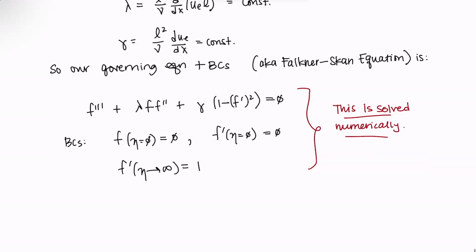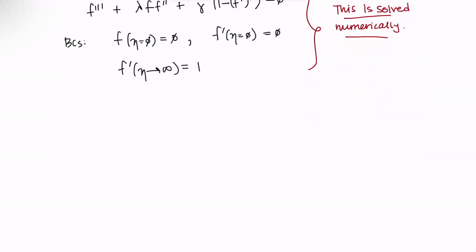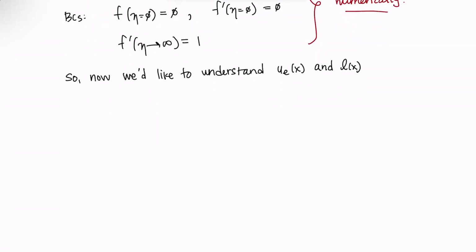All right. And so our job now is to figure out UE of X and L of X. So we'd like to understand UE of X and L of X. All right.